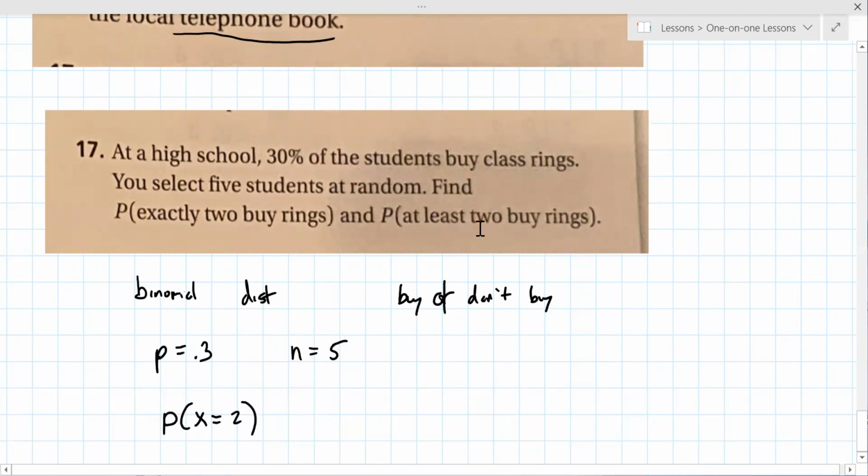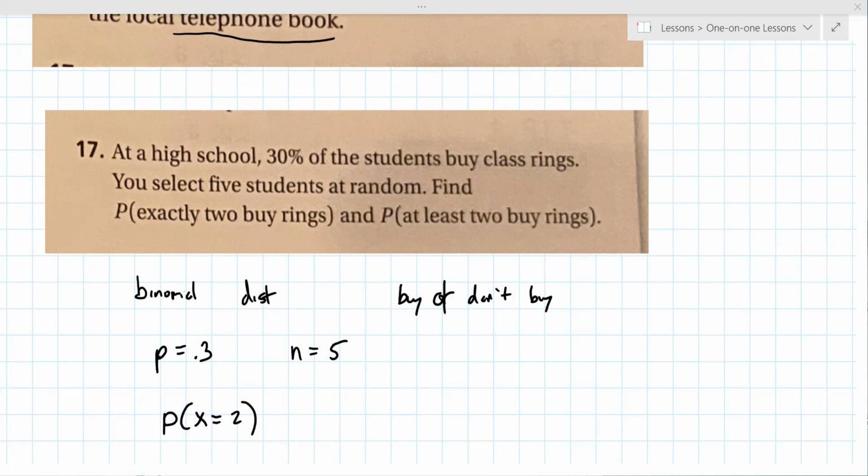Now your calculator has a binomial distribution feature in it. Do you recall if you've used that or not? I don't know. Do you know where it would be? Yes, I'll snip in how to find it. It's going to be under stat distribution.